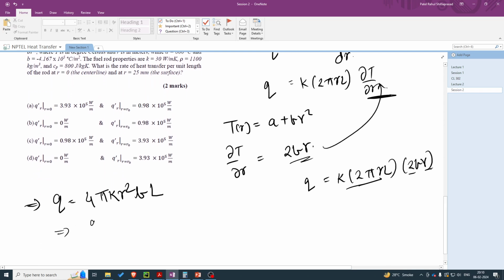That is, we have to find Q by L, this entire term as 4 pi K R square B. This we have to find for R equal to 0 and R equal to 25 mm. So you can straight away put the values in the formula.